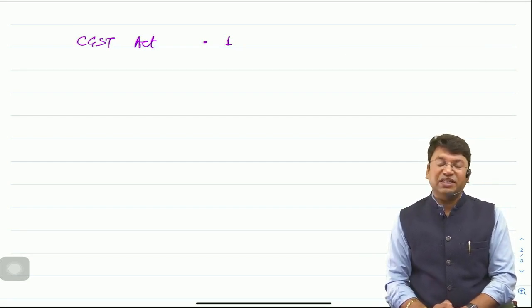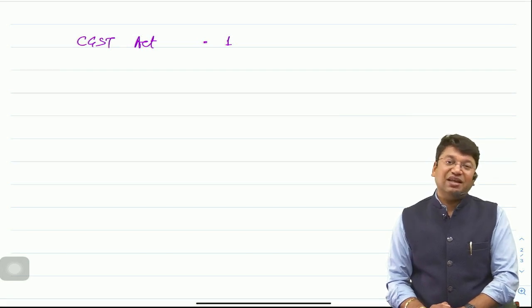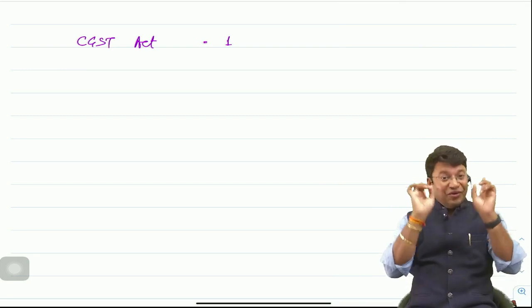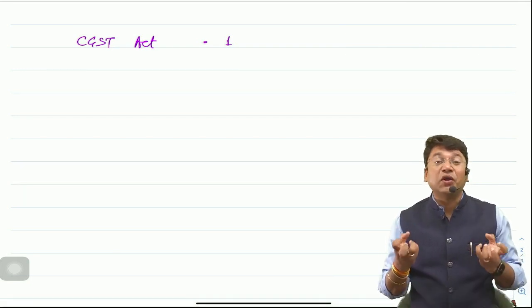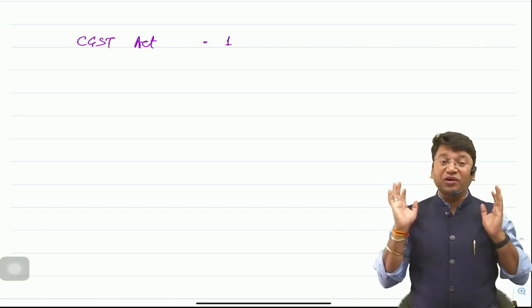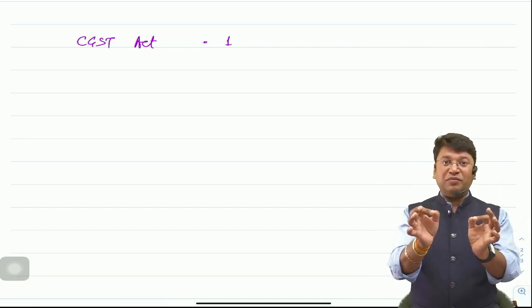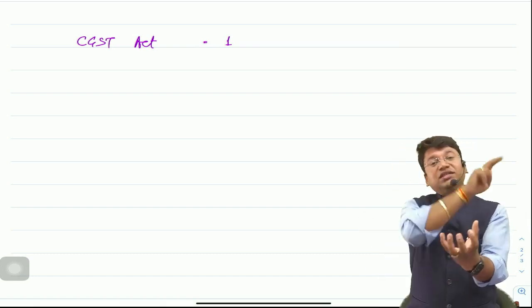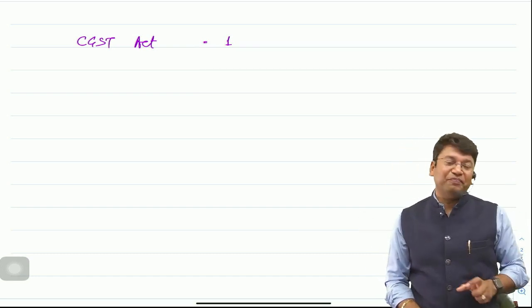The chairman of which is the Union Finance Minister, and all the state governments have their nominated members in the GST Council. So all the state governments and the central government formed a common council, and now the GST Council will discuss the entire law.